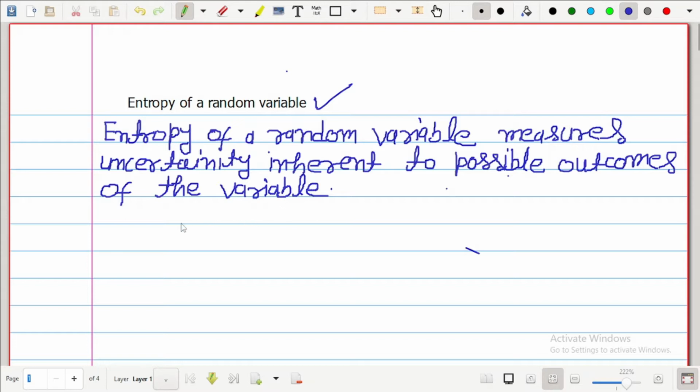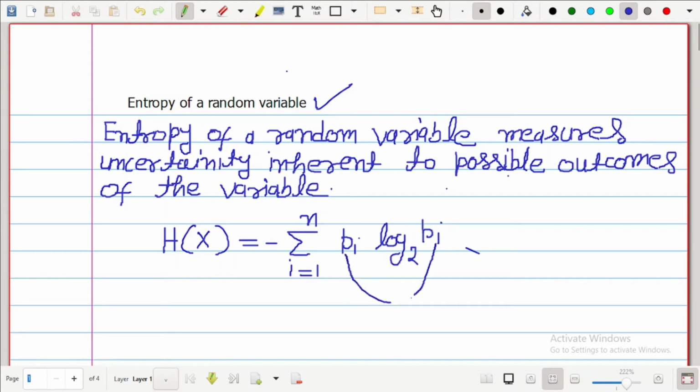And it is defined as, written as H(X), where X is the random variable, minus the summation for i equal to 1 to n of p_i log base 2 of p_i. Here base can be taken any, we can take e or 10, but here I am taking base 2, where p is the probability of events.